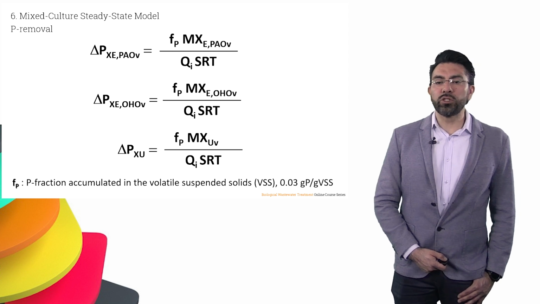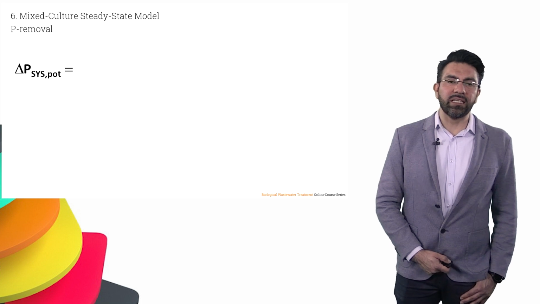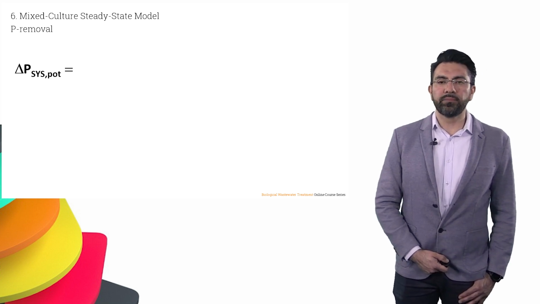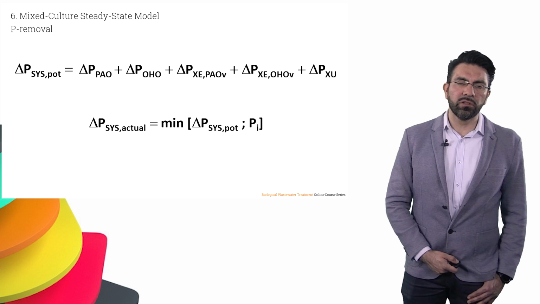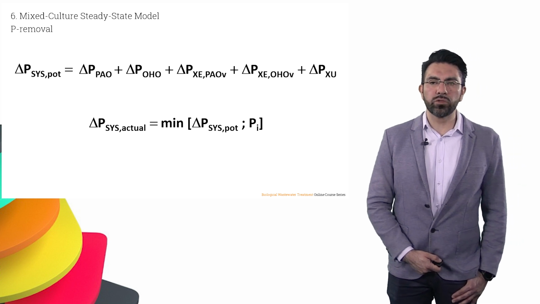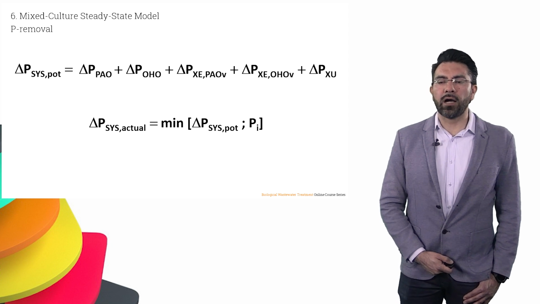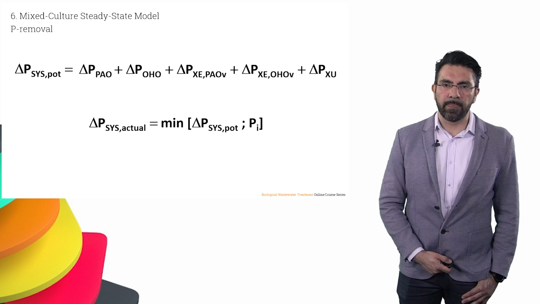As such, if we want to know what is the total amount of phosphorus that the system potentially can remove, then it will be just a matter of summing up the amount that the PAOs remove plus the amount of the OHOs, the endogenous residues, and the accumulation of particulate unbiodegradable organics.